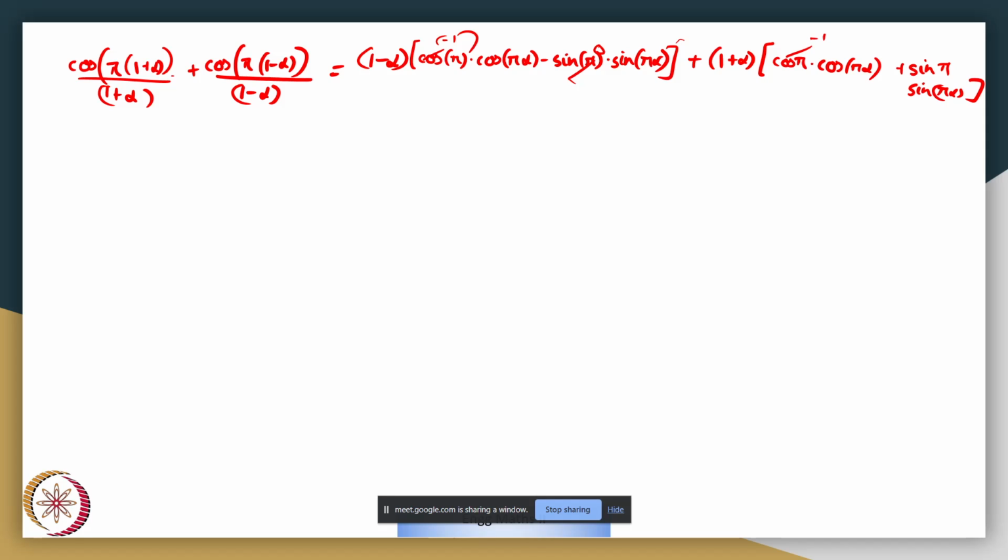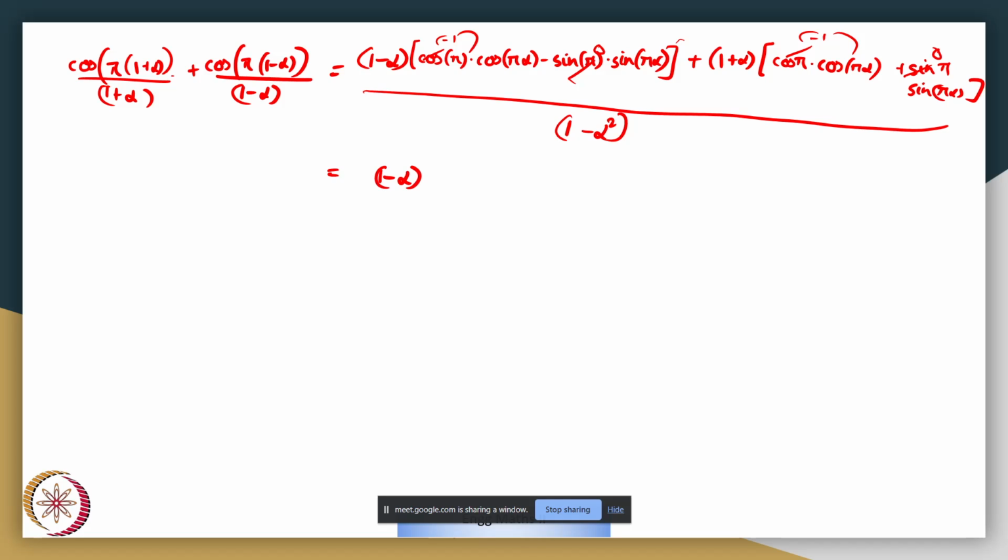Again this term is minus 1, this term is 0, and then we have this whole thing divided by (1 plus alpha) into (1 minus alpha), which is 1 minus alpha square. So on one hand I've got (1 minus alpha) into minus 1. So I'll write it as (alpha minus 1) cos of pi alpha plus (minus alpha minus 1) cos of pi alpha upon 1 minus alpha square.